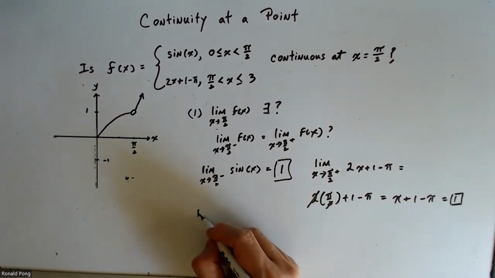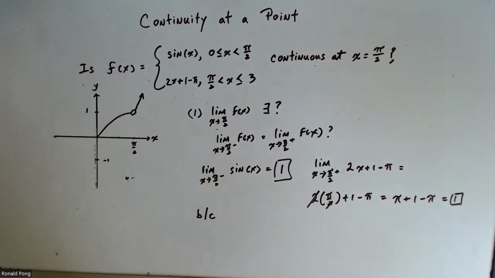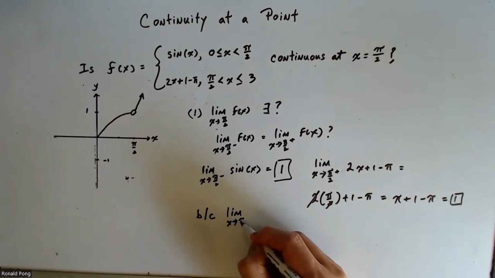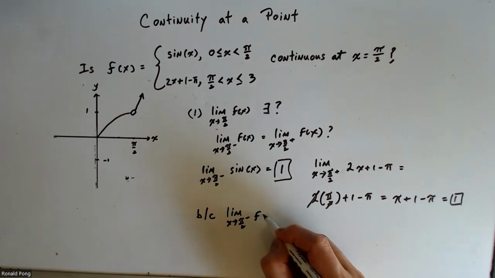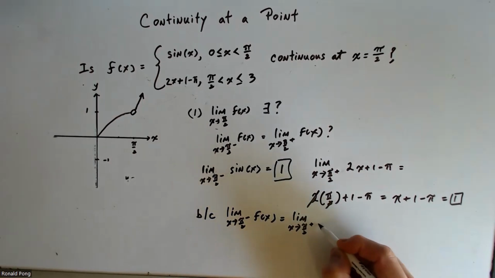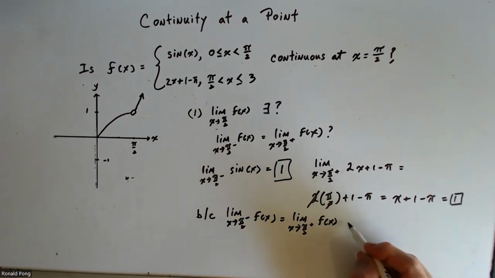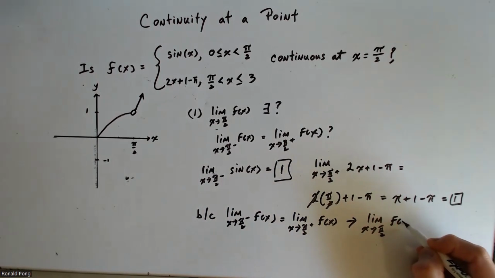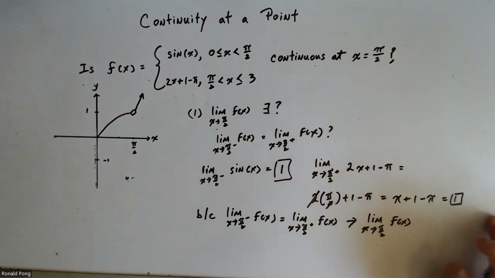And we see, and we should write this on our exams and our homework, by the way, because the limit as x approaches pi over 2 from the left of the function equals the limit as x approaches pi over 2 from the right of our piecewise function, we can conclude that the overall limit as x approaches pi over 2 of our function exists. And in fact, it equals a finite real number, 1.